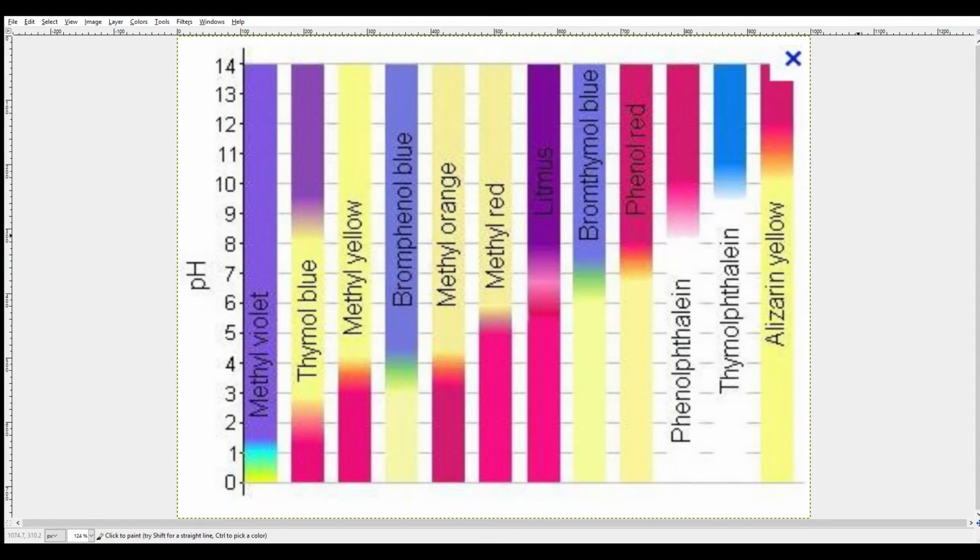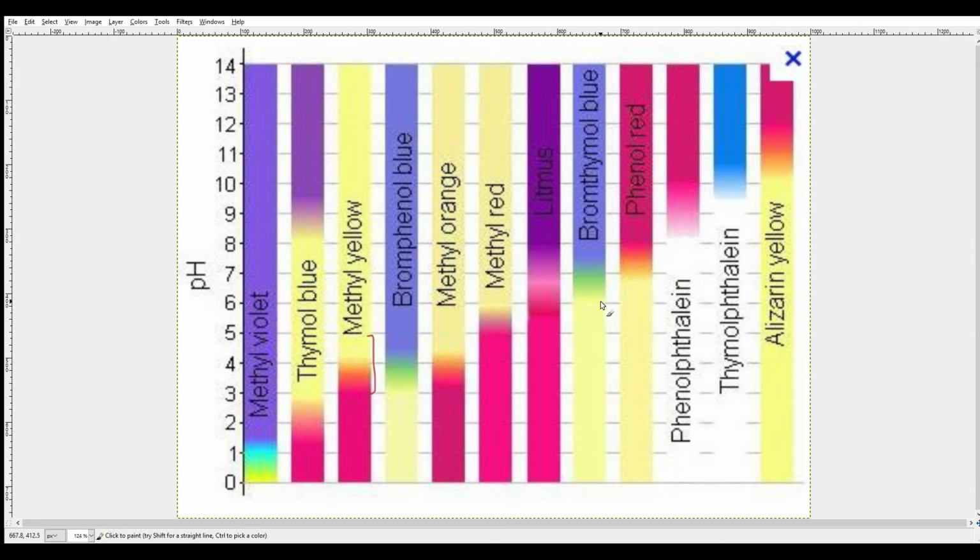So here's a visual version of that. You can see that if you're working with a substance where you expect the equivalence point to be between 0 to 2, methyl violet would be helpful. Thymol blue has a really big range here. Methyl yellow, you'd want to work with something that is going to change somewhere in there. Let's look at bromothymol blue.